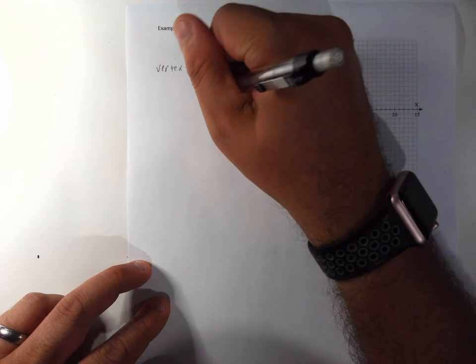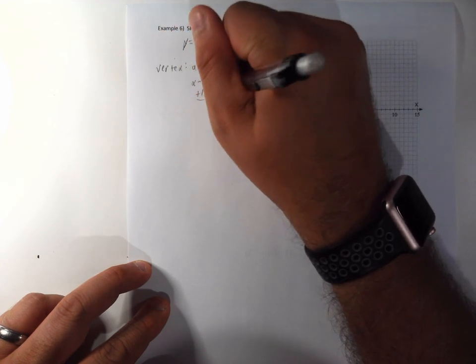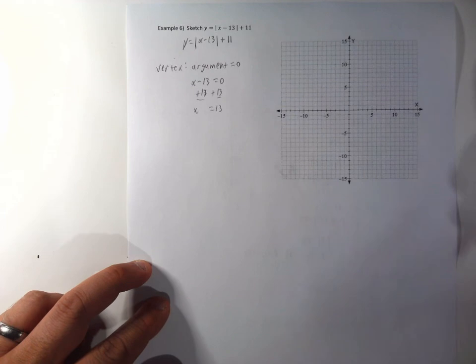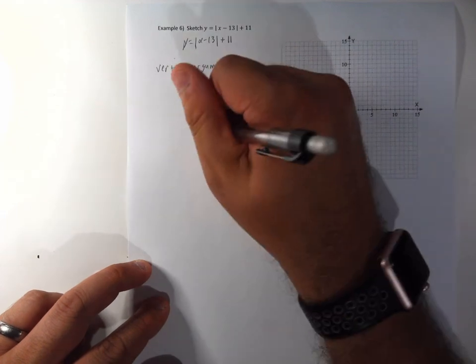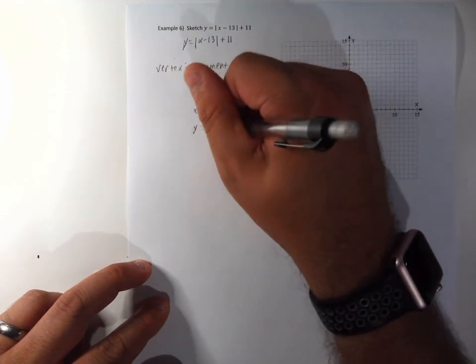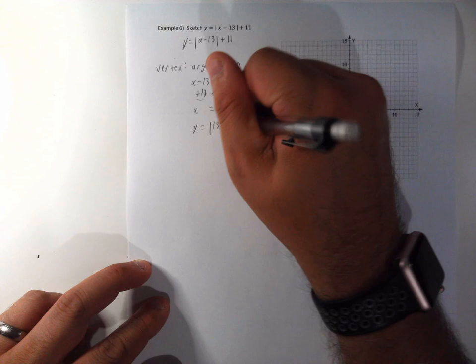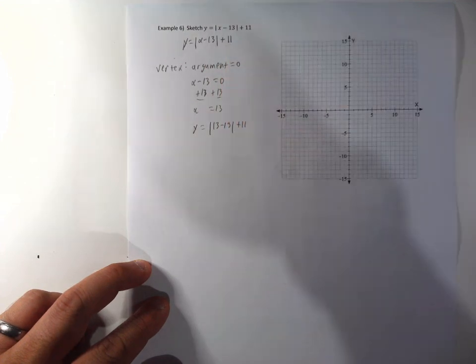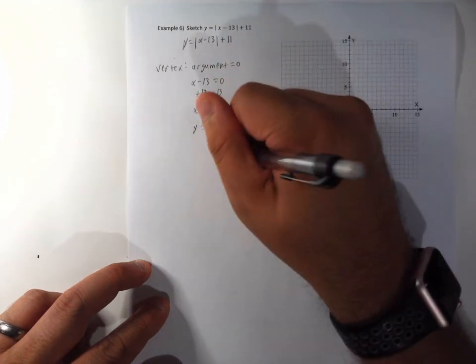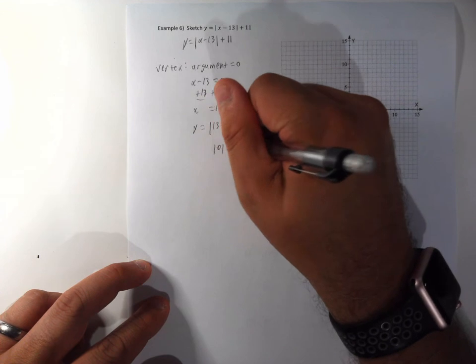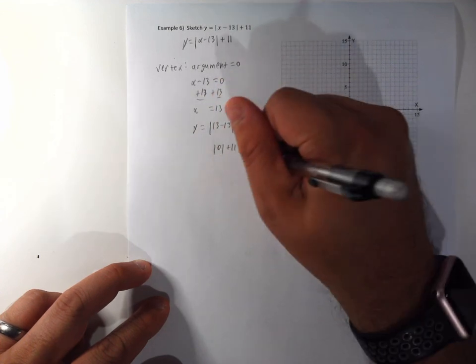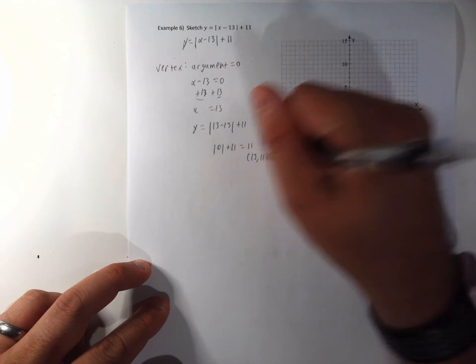Add your 13, and x equals 13. So y would equal the absolute value of 13 minus 13 plus 11. 0 plus 11. The absolute value of 0 is 0. 0 plus 11 is 11. So 13, 11.